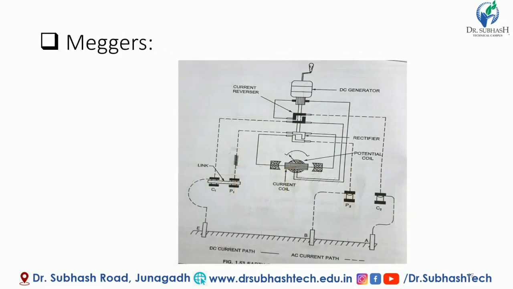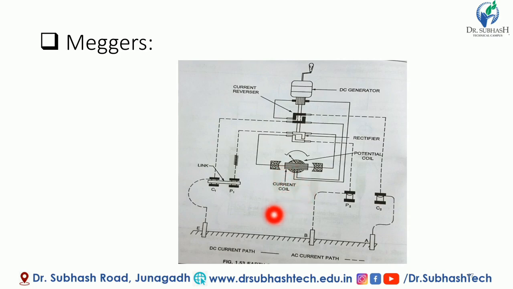Next, the Megger is used to measure the earth resistance. Here is the construction of the Megger. There is one DC generator which is used to operate the Megger, and the DC generator is connected to a rectifier circuit, and the rectifier circuit feeds the potential coil and current coil.